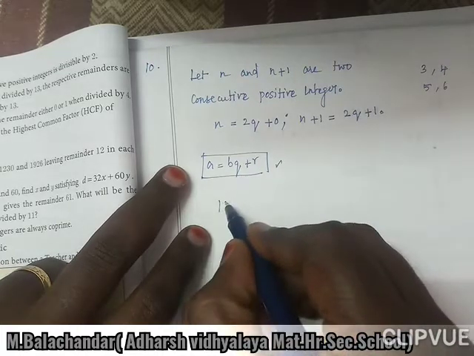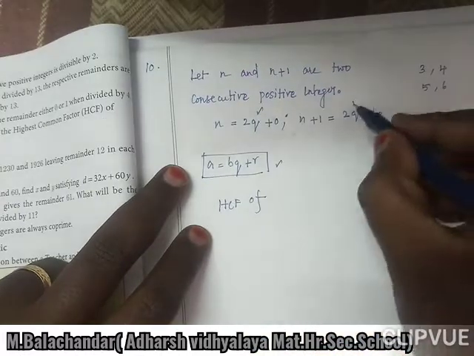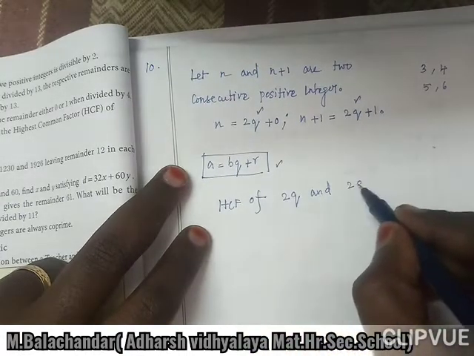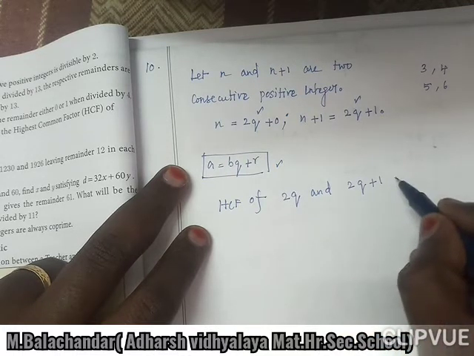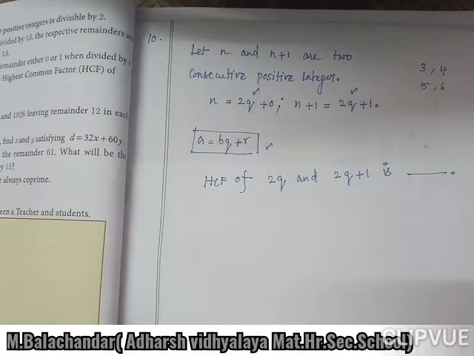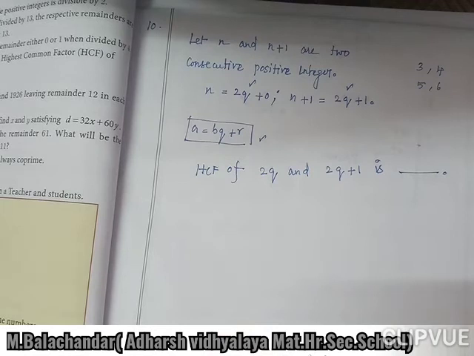Now HCF of these two numbers, 2q and 2q plus 1, is dash. This is the question. In algebra you have learnt how to find HCF or GCD. That number should divide both numbers.